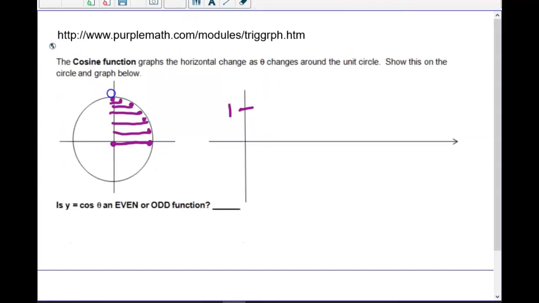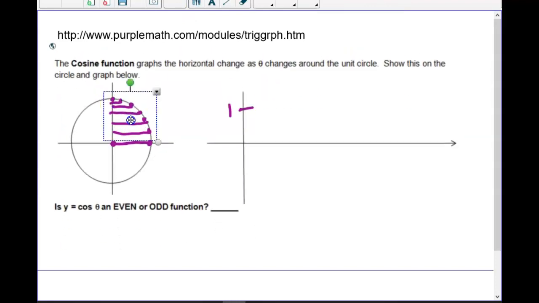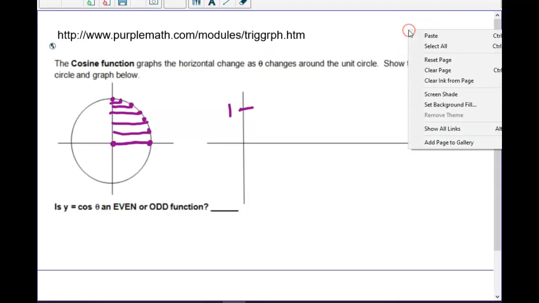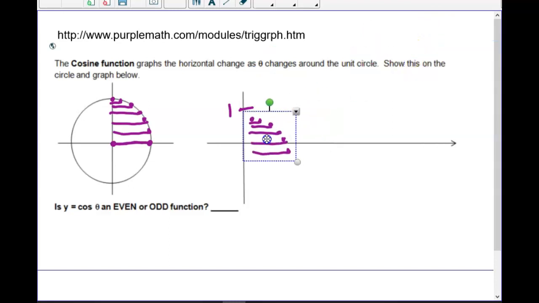If we copy those, okay, and then I go back over here, and what happens over here?